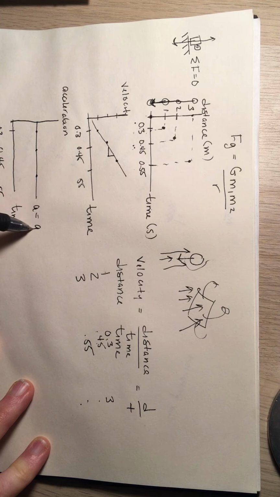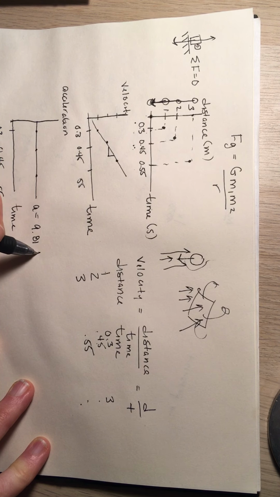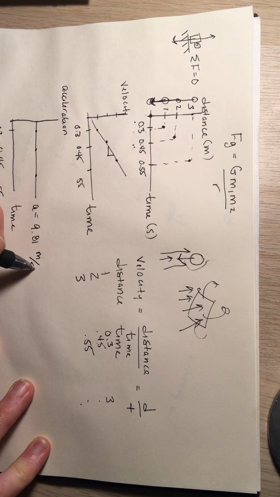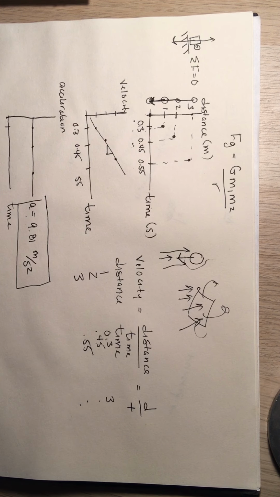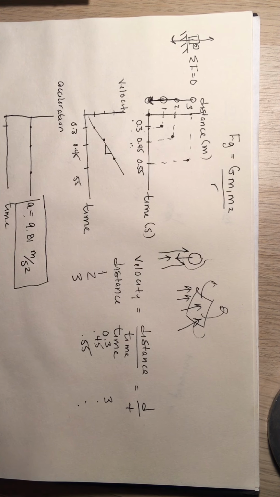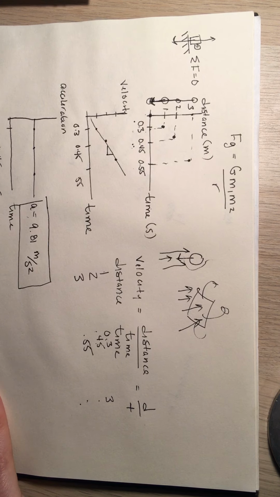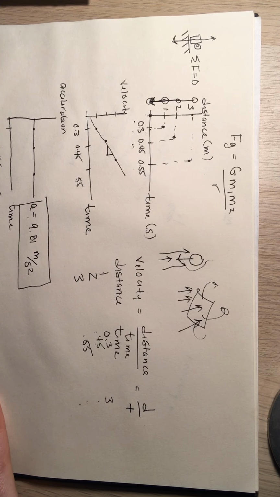And the acceleration equals 9.81 meters per second squared. That is the acceleration produced by an object in Earth's gravitational field.